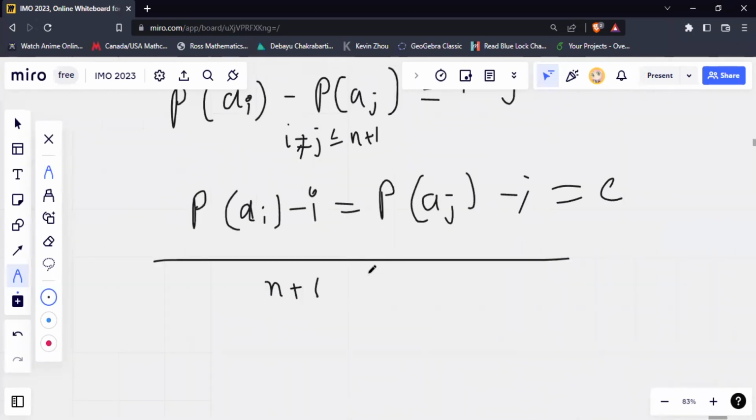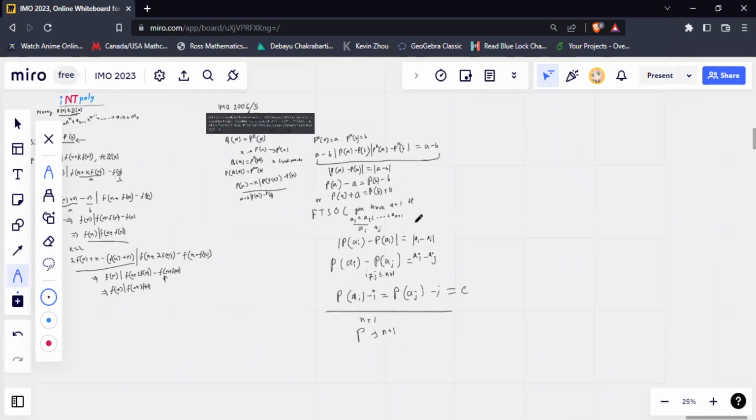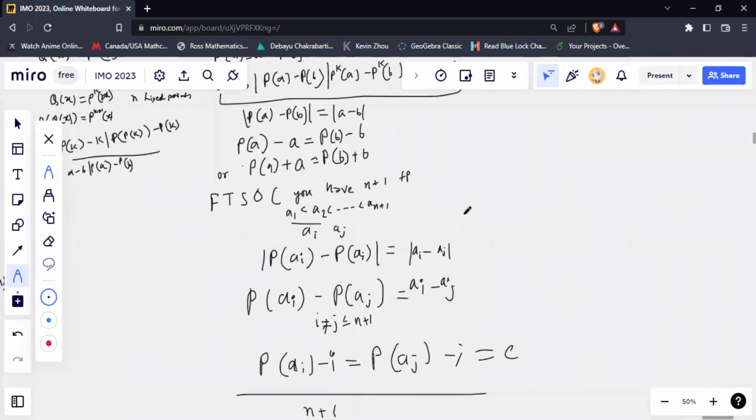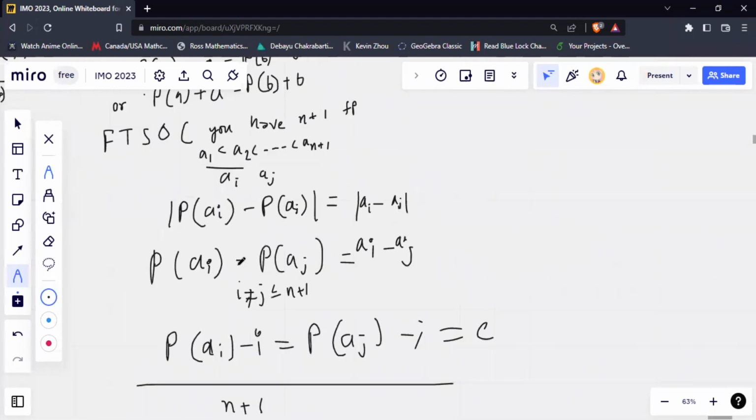And they are all distinct as well. So this suggests that p actually has n plus one roots, and this is bad because p is an n degree polynomial. So yes, this is a contradiction. Okay, we solved the problem. Or did we? We didn't.